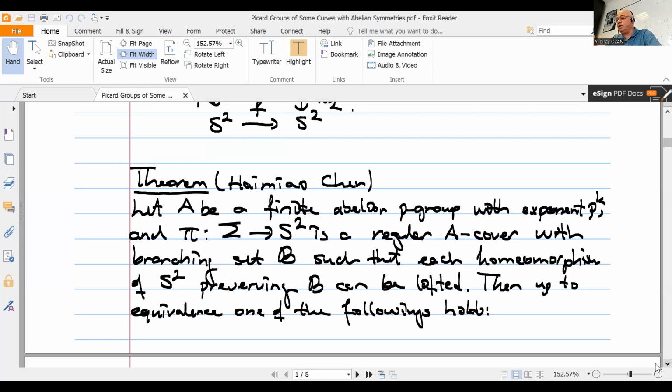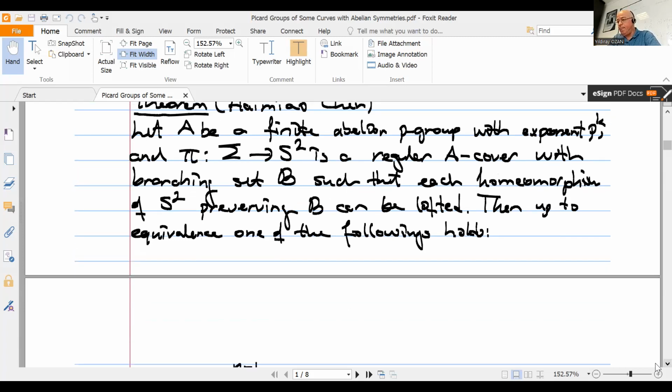He proved the following: if we have the above setup, a covering space with a finite abelian group A being the deck transformation group, so this is a regular cover, meaning that A actually acts as deck transformations of the surface, and the quotient of the surface sigma by A is just the two-sphere.